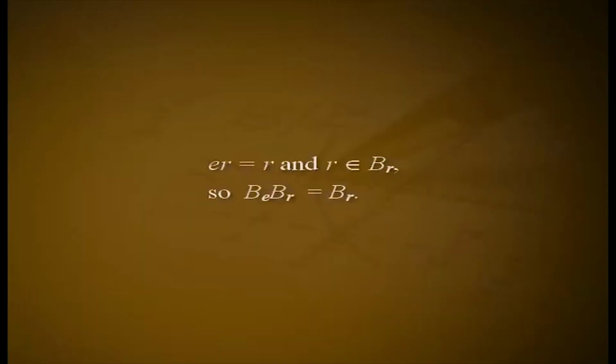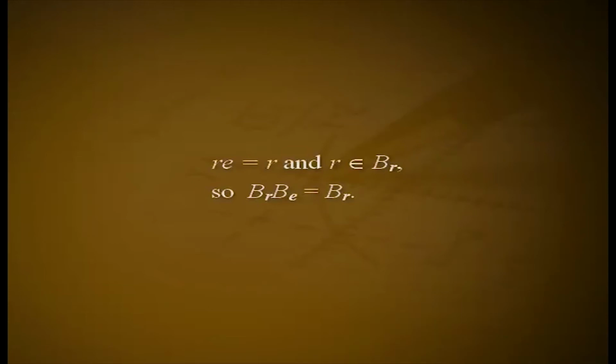BE be the cell containing the identity, so that E belongs to BE. Since the operation is well defined, in computing BE into BR, we can take any representatives from BE and from BR and compute the product of representatives in G. Let us choose E belongs to BE and say R belongs to BR, then E into R is equal to R and R belongs to BR. So, BE into BR equals BR.